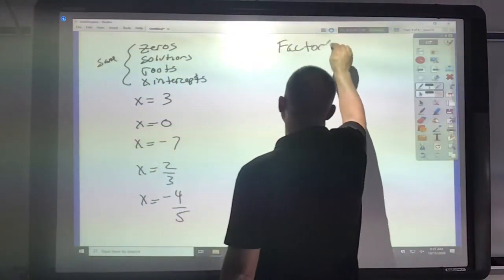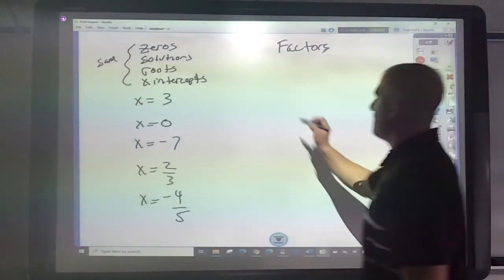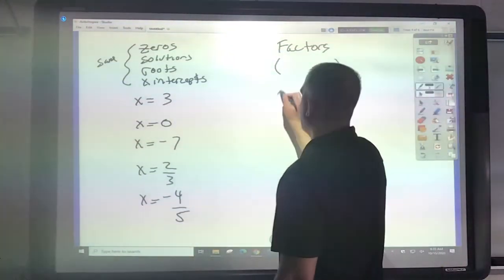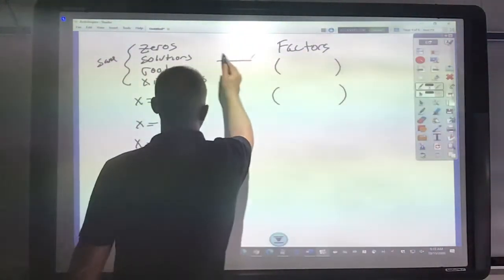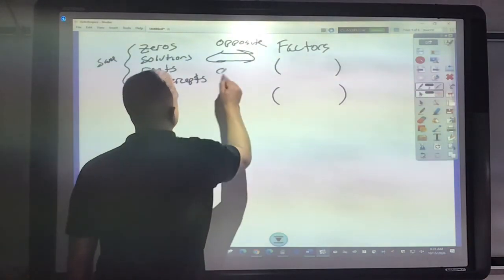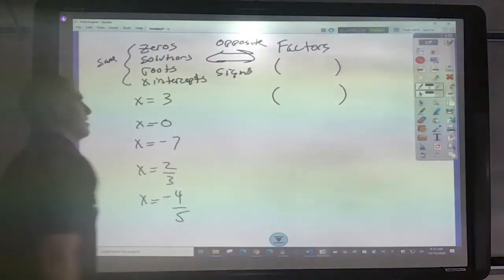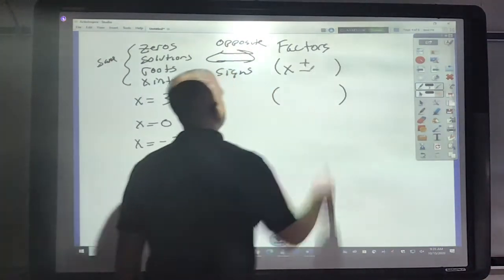to factors. Okay? So the idea is a factor has the parentheses. So very simply, these are going to be opposite signs. A factor is an x plus or an x minus.